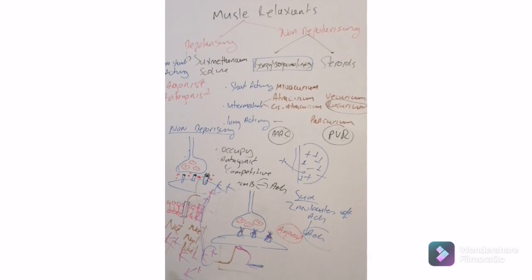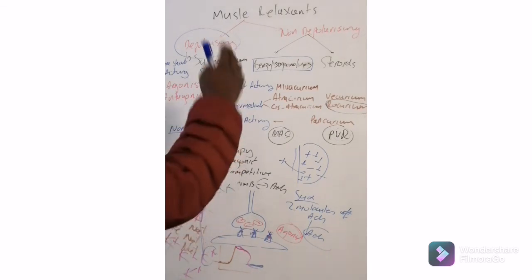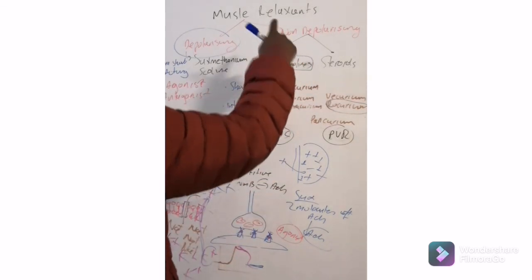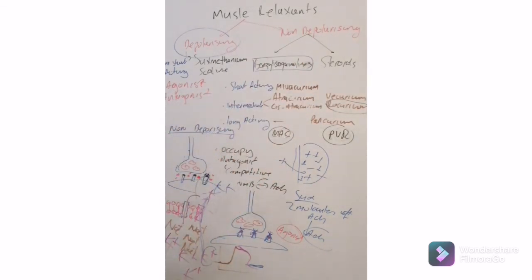So that's why it's called a depolarizing neuromuscular blocker. So that's the difference. The difference between these two is that this one's the non-depolarizing, this one is depolarizing, and the reason for that, these ones are competitive antagonists. They are antagonists.